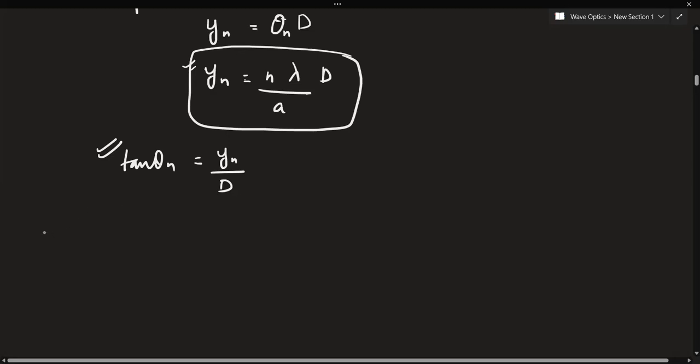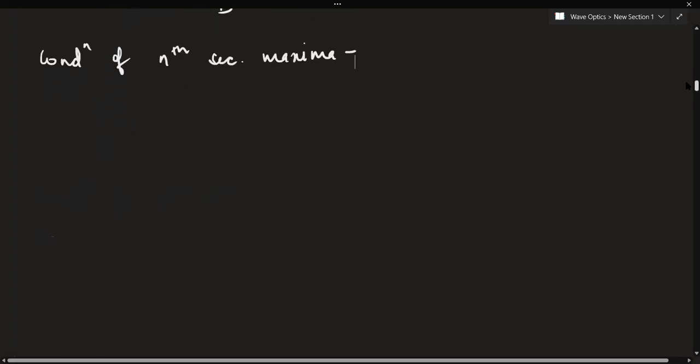Now see, this was the case for minima. Now see, similarly I have the case of condition of nth secondary maxima. Now see, condition for secondary nth maxima, just the change occurs in the path difference. Now the path difference that you will be getting is 2n plus 1 lambda by 2.